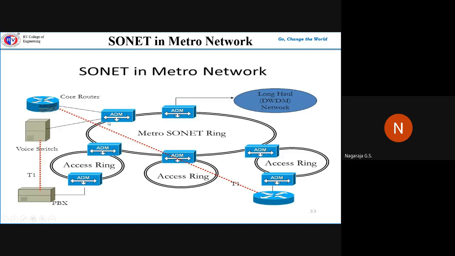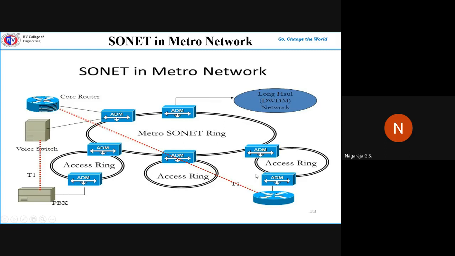Since it is connected in a ring fashion, in order to generate the signal strength and to have stability, you can have generators and add-drop multiplexers. As well, you can scale up this particular network with different Sonet networks.